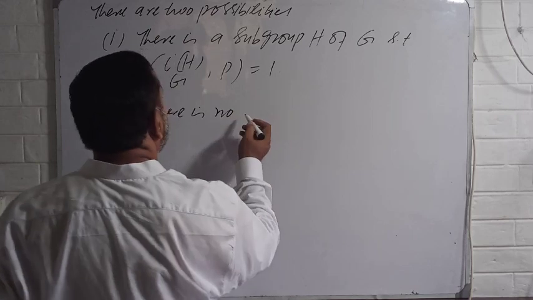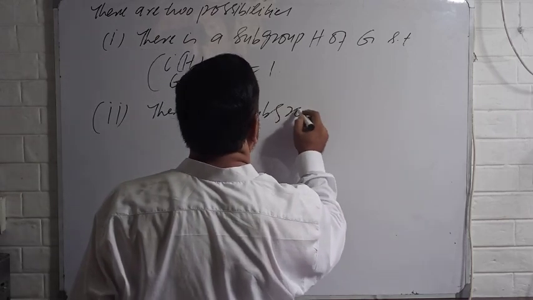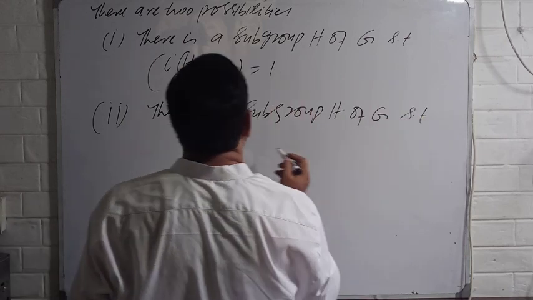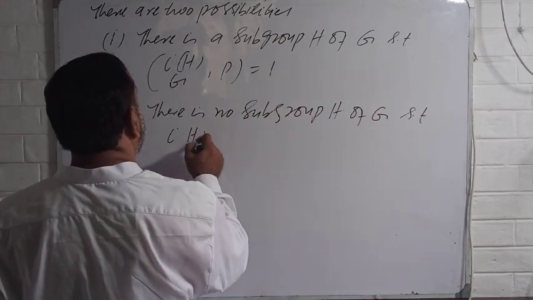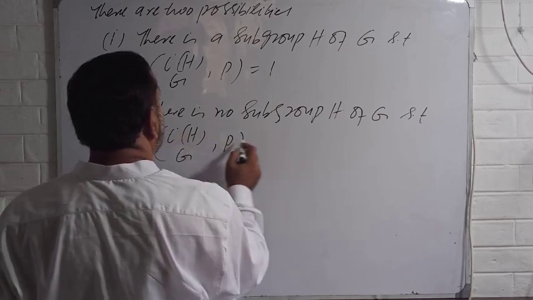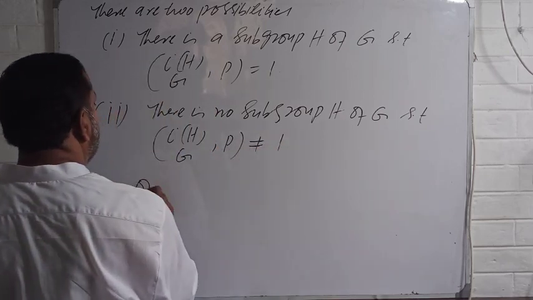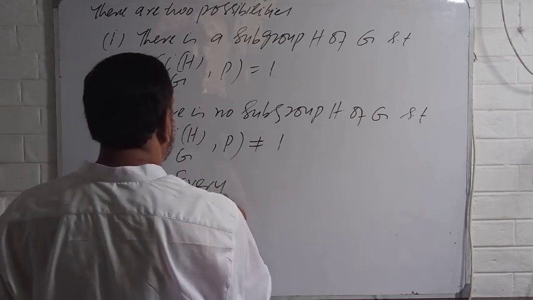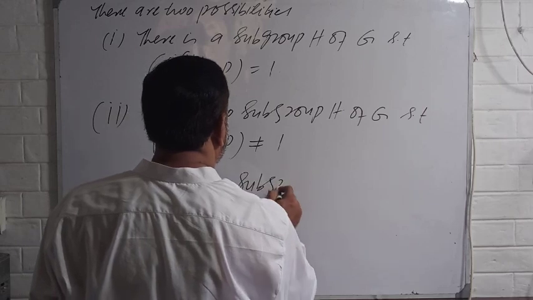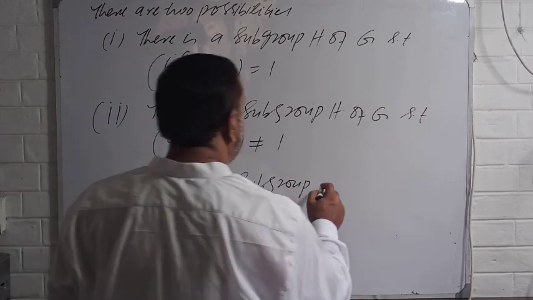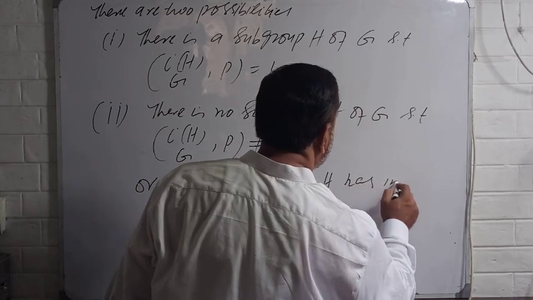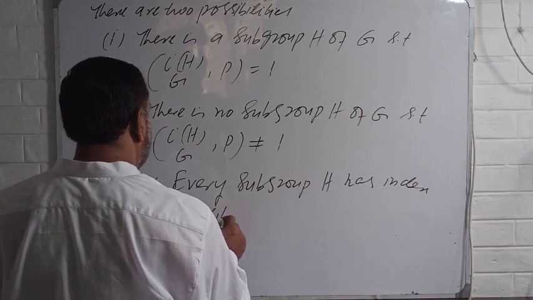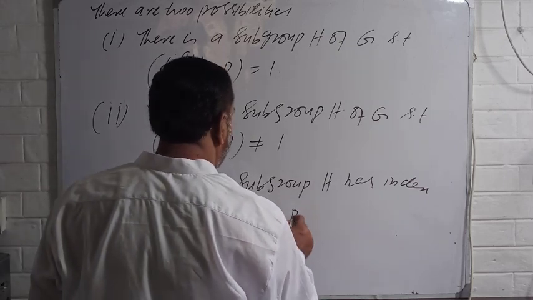That is, there is no subgroup H of G such that the gcd of the index of H in G and p is equal to 1, or equivalently, every subgroup H has index divisible by p.